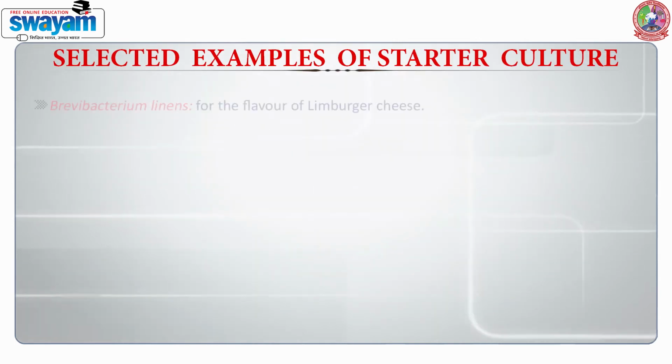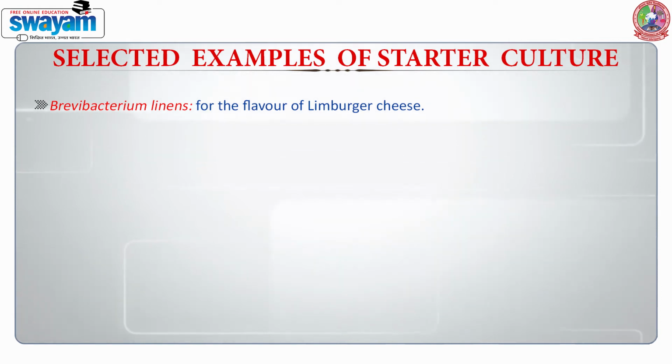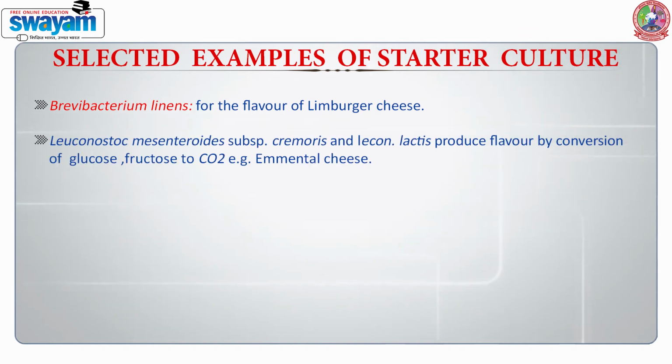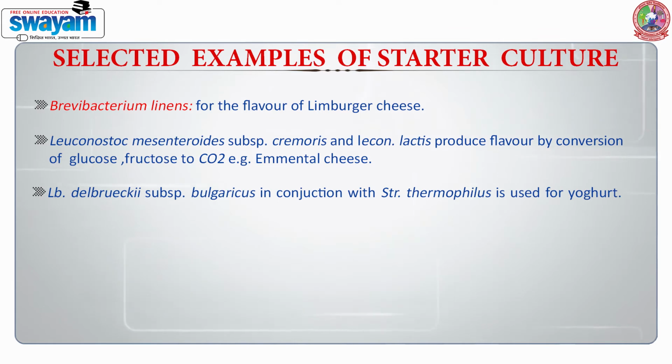Selected examples of starter cultures are Brevibacterium linens. It is utilized for flavor production in Limburger cheese. Leuconostoc mesenteroides produces flavor and converts glucose and fructose to CO2, for example, in Emmental cheese. Lactobacillus delbrueckii in conjunction with Streptococcus thermophilus is used for yogurt production.